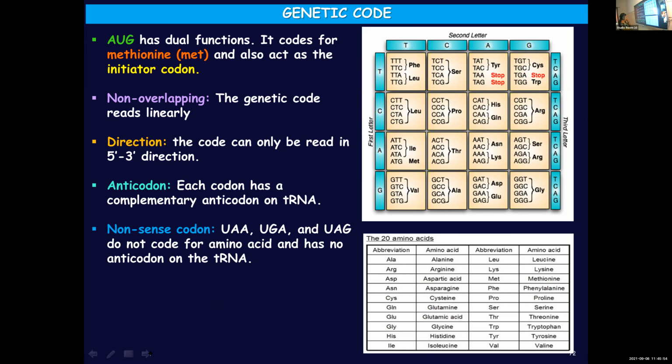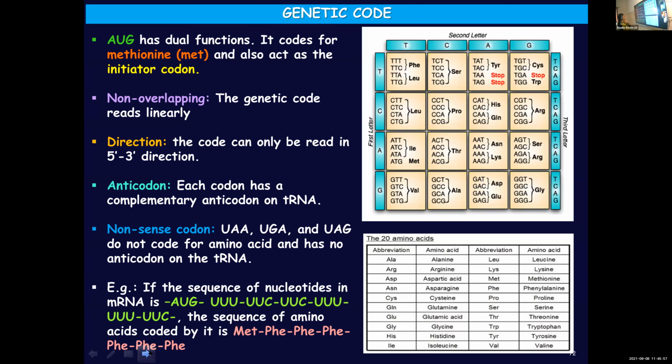Example: if the sequence of nucleotides in messenger RNA is AUG, UUU, UUC, UUC, UUU, UUU, UUC. See here they have given the example of how the genetic codons are translated into a sequence of amino acids. AUG is the start codon.